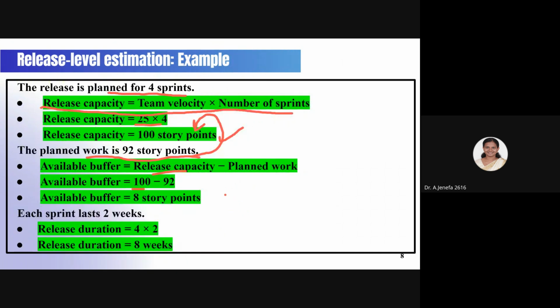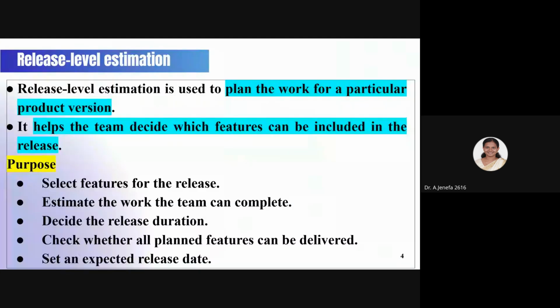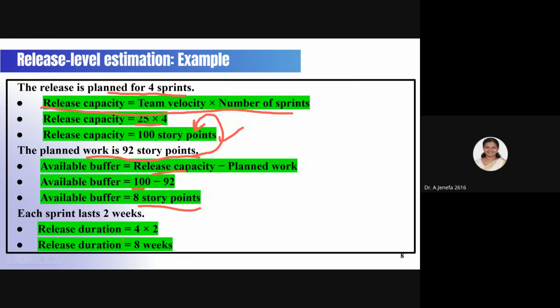So 100 minus 92 is 8 story points. Available buffer equals 8 story points. This can be used for unplanned work. Even though we planned work for 92 user stories, while doing the project there may be unplanned user tasks also included.